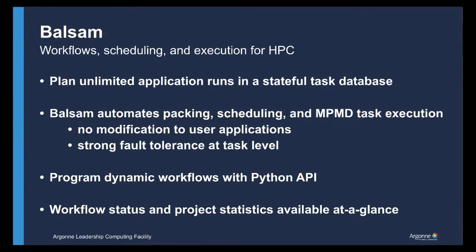There's a Python API for job control, which supports more advanced dynamic workflows like you would see in a package like Fireworks. And the provenance data that's recorded back to the database gives you a lot of useful statistics of throughput and job utilization over time, for free.